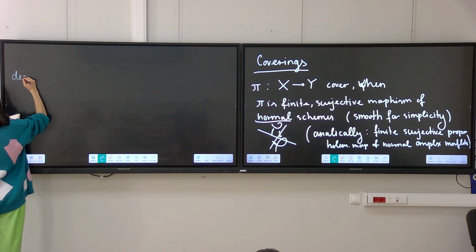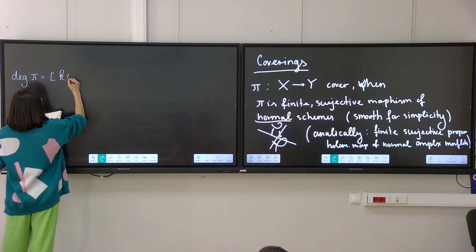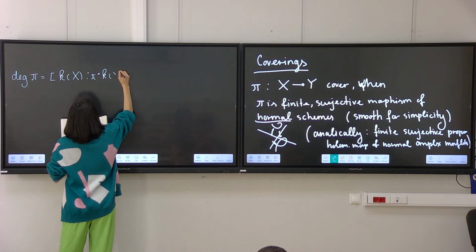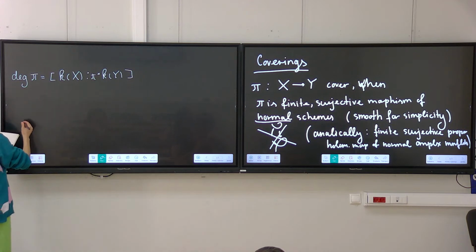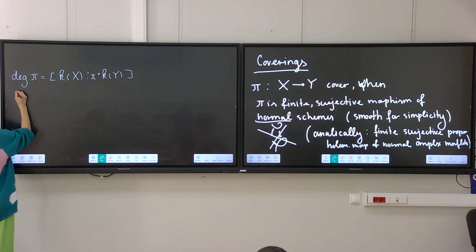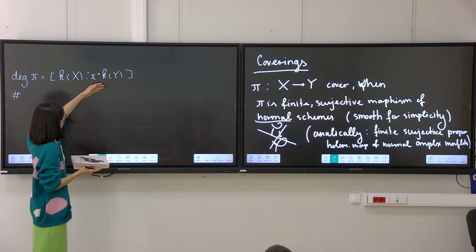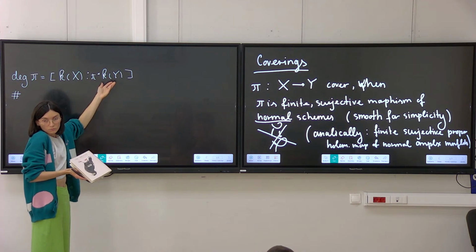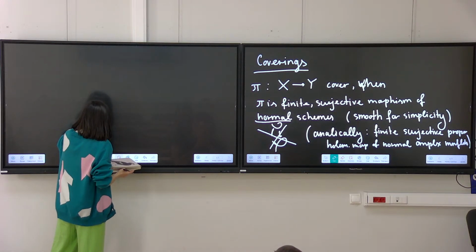The degree of pi is just the degree of the extension of the corresponding function fields, the pullback of function fields.